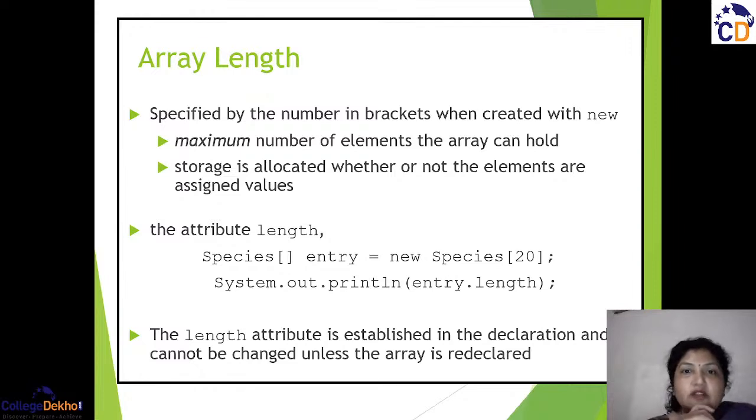Storage is allocated whether or not the elements are assigned values. So it is the disadvantage of an array, whether you are putting values in that array or not. If you have defined it with 20, 100 or whatever size, that much amount of space is allocated in memory.